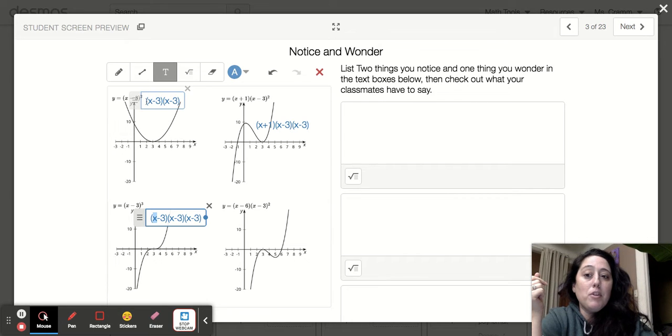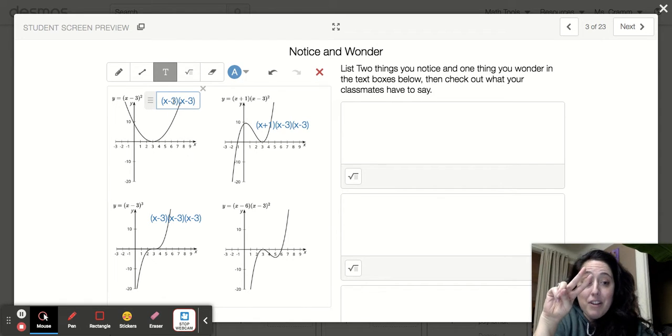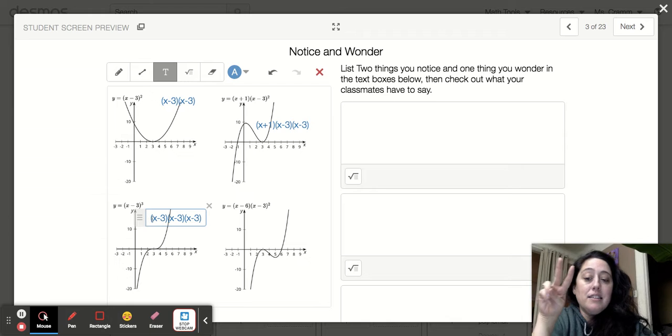So again, when the multiplicity is an even number like 2, I see this repeated twice, bounce. Again, I see this repeated twice at x minus 3, so at that zero, I bounce. Here, I see x minus 3 repeated 3 times. Anytime it's an odd multiplicity, that means it's going to go through that x-intercept.